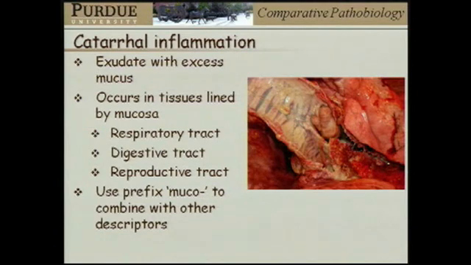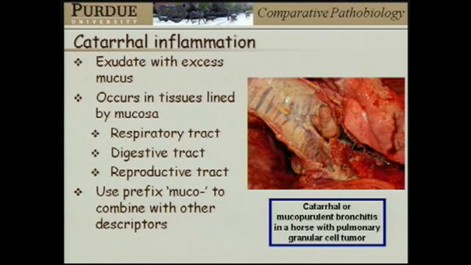For instance, in this case, we are looking at the tracheal bifurcation and the lungs of a horse that had a pulmonary granular cell tumor, but the lesion we're trying to depict here is the accumulation of yellow mucoid exudate.